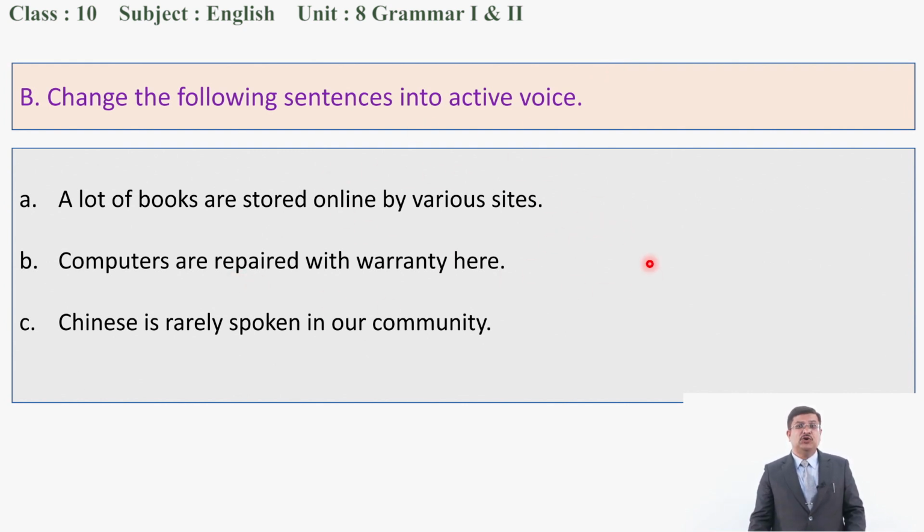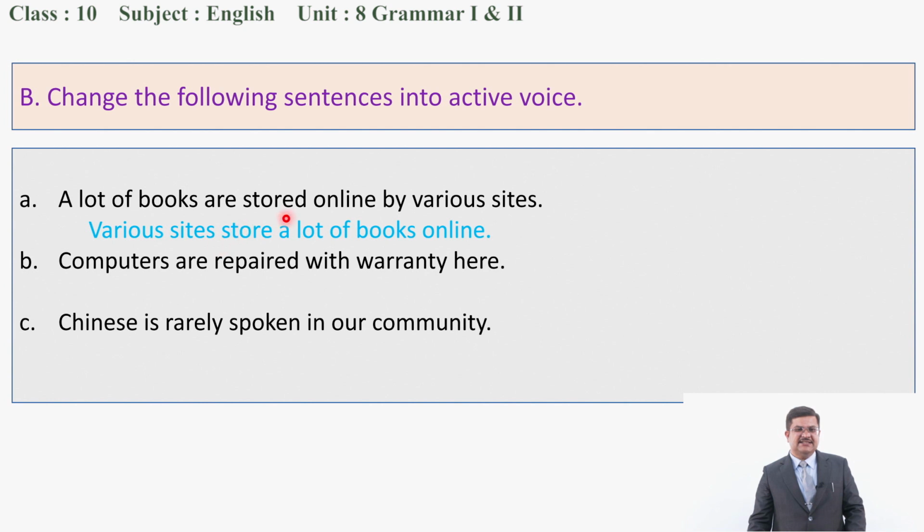Very simple. If we know the ideas about passive, we may change the sentences into passive as well as active. A lot of books are stored online by various sites. Various sites store a lot of books online. See, are stored changes into store. A lot of books, the subject of a passive sentence, becomes the object of the active sentence.